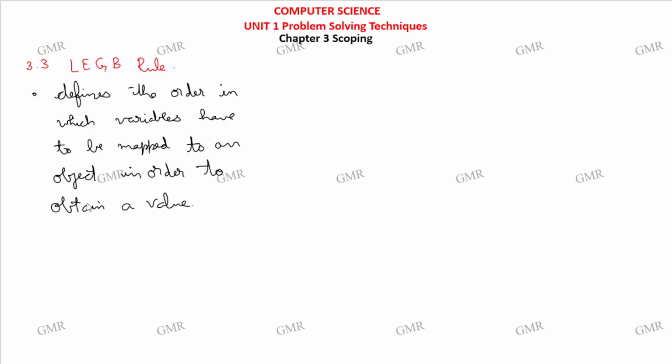So let us consider this example. First, we are assuming x is equal to outer x variable. Then we are displaying it. We are using the display function.